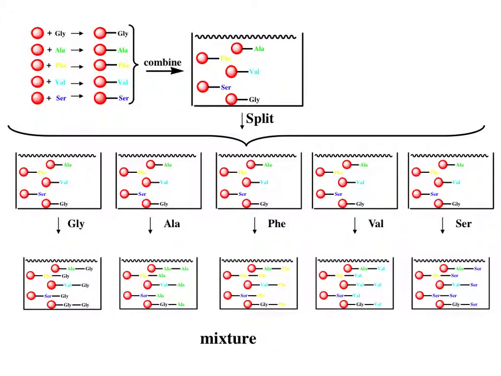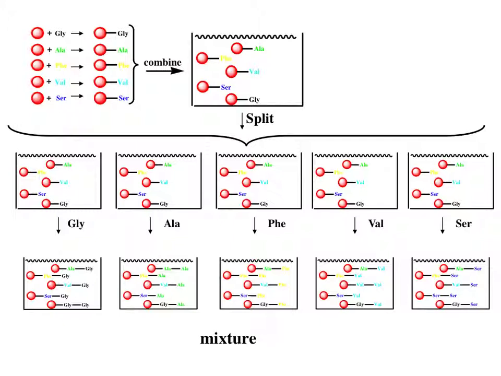Then what you do is split them into 5 equal reaction vessels, and then you add your 5 different amino acids, so that you get a mixture of all possible combinations, leading to the 25 possibilities.